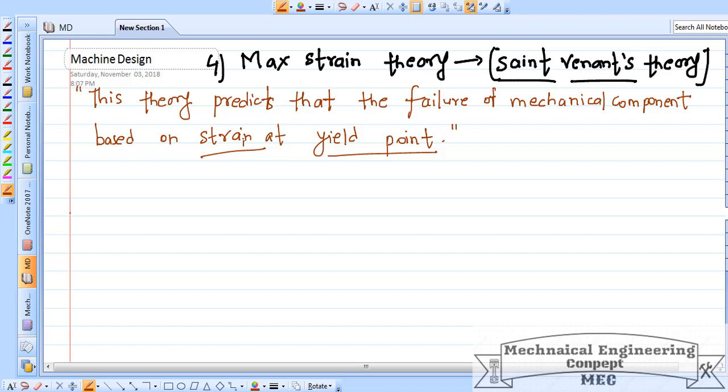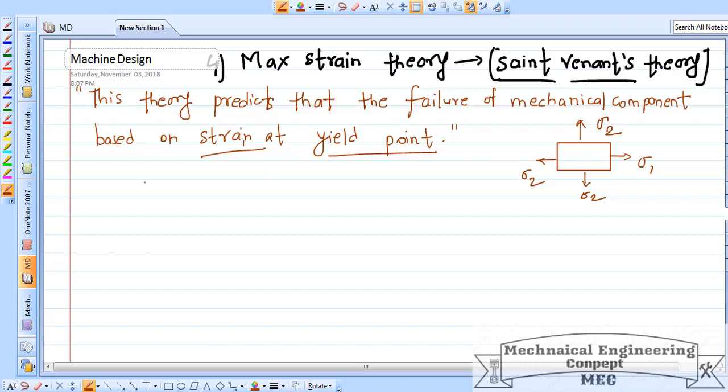Okay, so to understand better, we need to consider a criterion. I am considering here a biaxial stress condition in a component. Suppose this is a component in which we have stresses in the x and y axes, sigma 1 in the x axis and sigma 2 in the y axis. When we apply stress in both axes, the component will feel a Poisson effect.